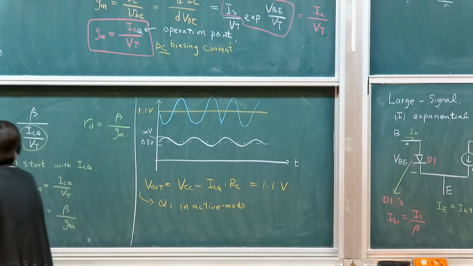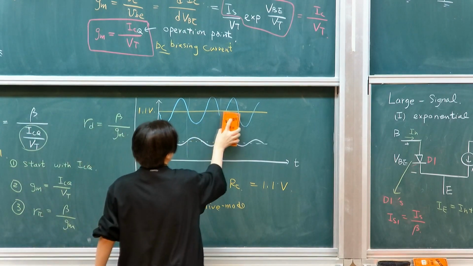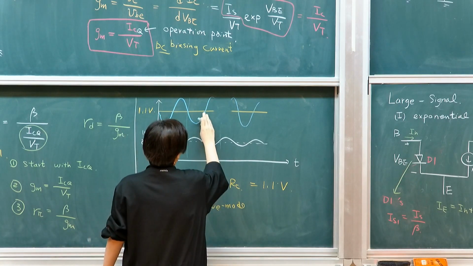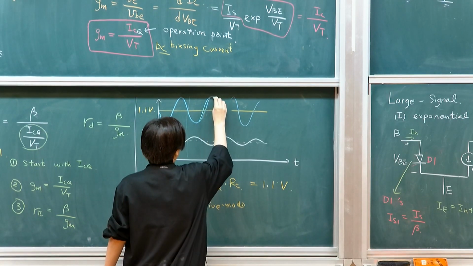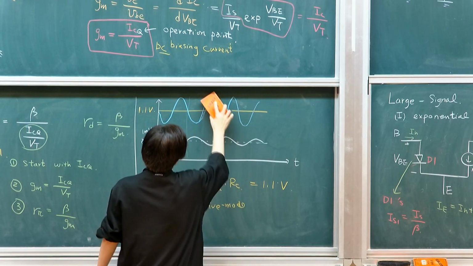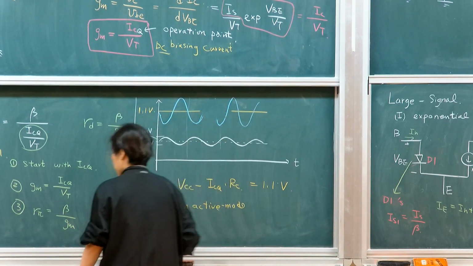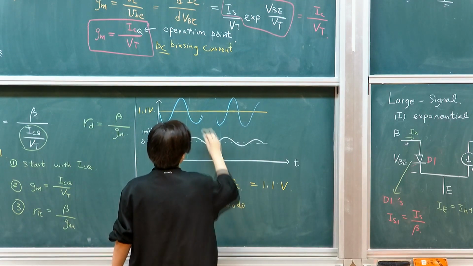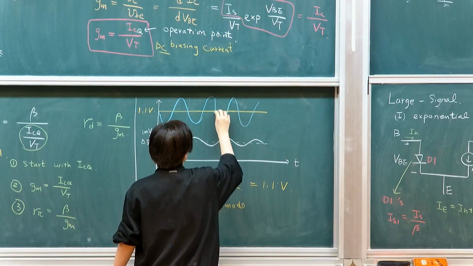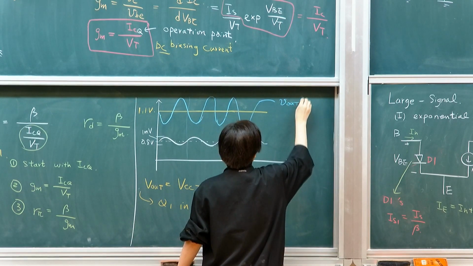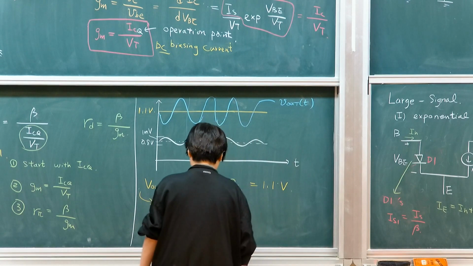So let me redraw this to be a better fit. I'm in trouble plotting. So the blue will be the overall response. That will be my Vout, both the DC and the AC.